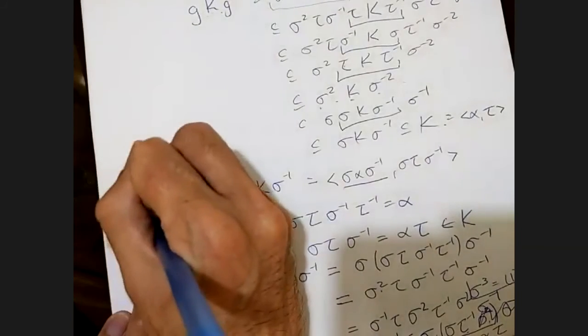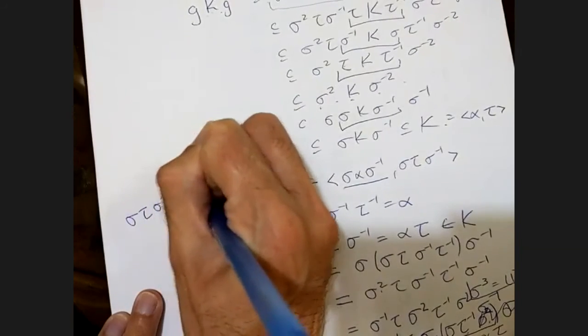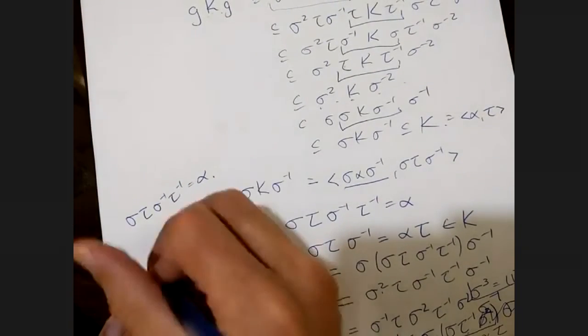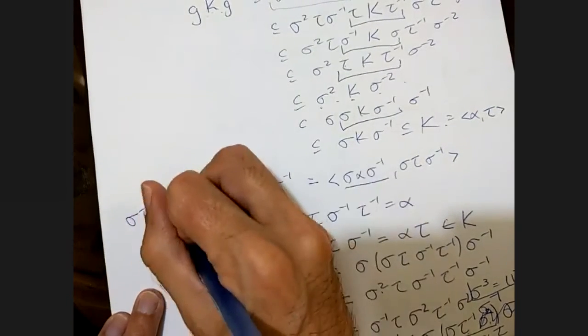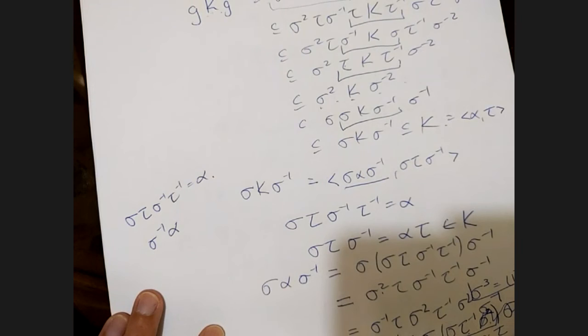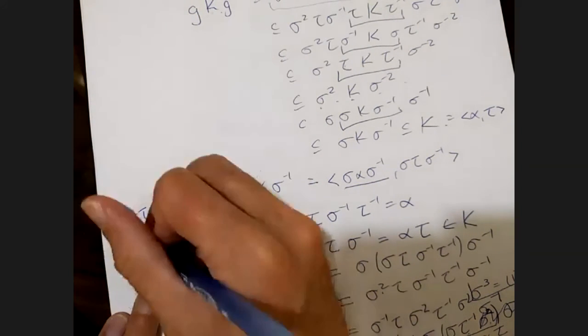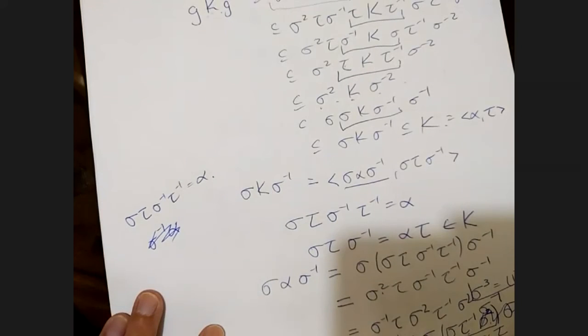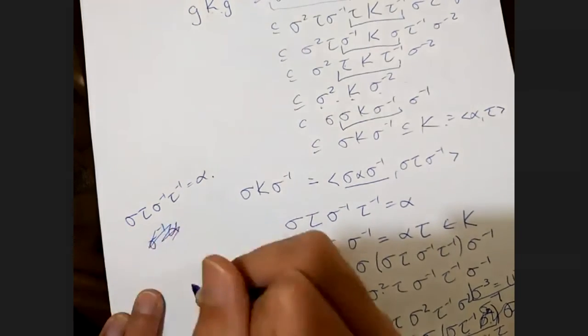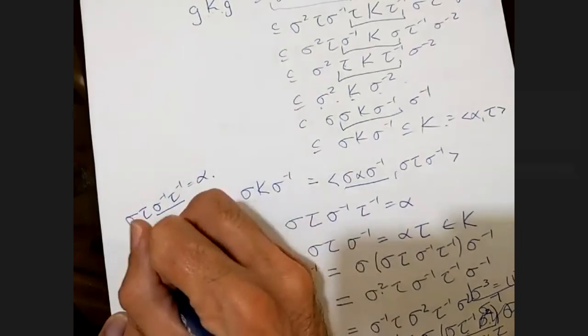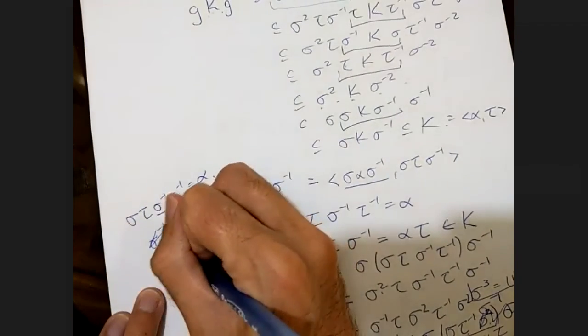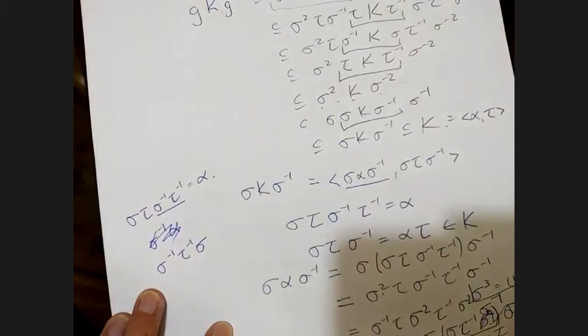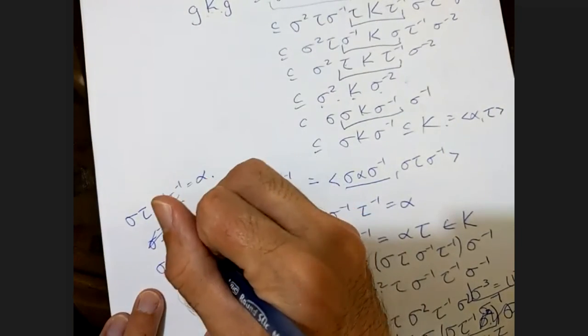So you have sigma tau sigma inverse tau inverse equals alpha. So sigma inverse alpha... oh, sorry.